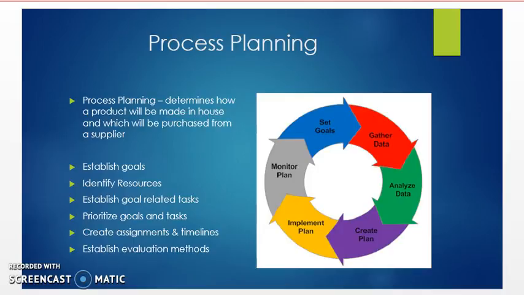Well, we have a list of requirements for process planning. First comes establishing goals. Next is identify resources, establish goal-related tasks, prioritize goals and tasks, create assignments and timelines, and establish evaluation methods.